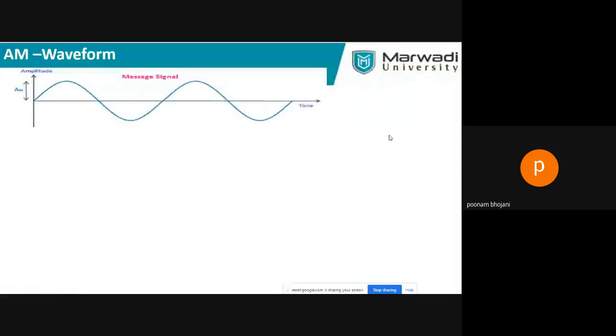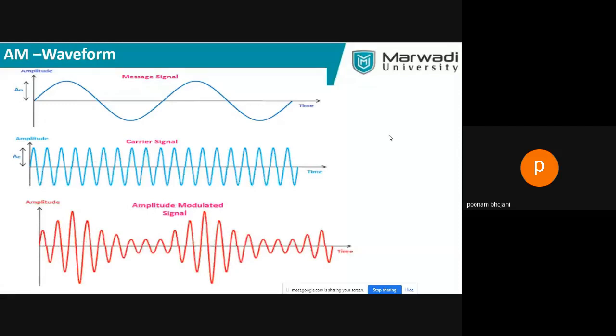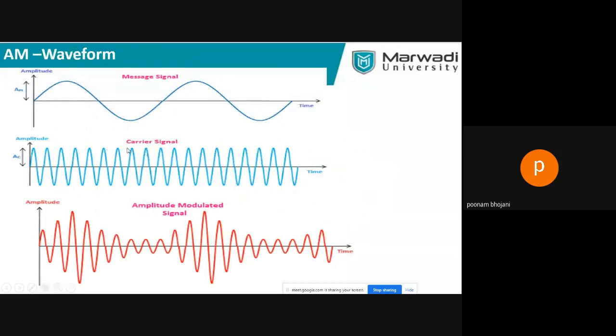So you all know this, right? We have seen this in the animation also. Now let me tell you that whatever message signal you have, the maximum amplitude of the message signal will be AM, the amplitude of the modulating signal or message signal.